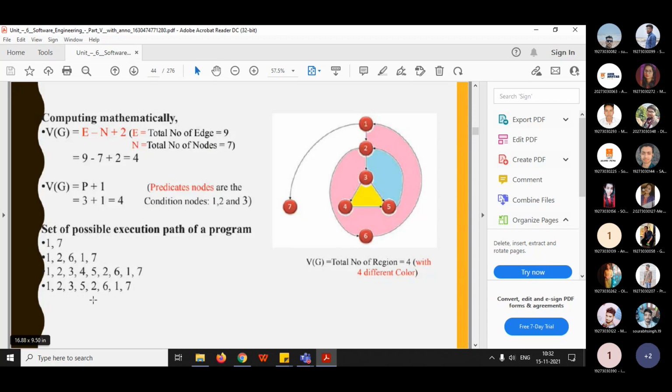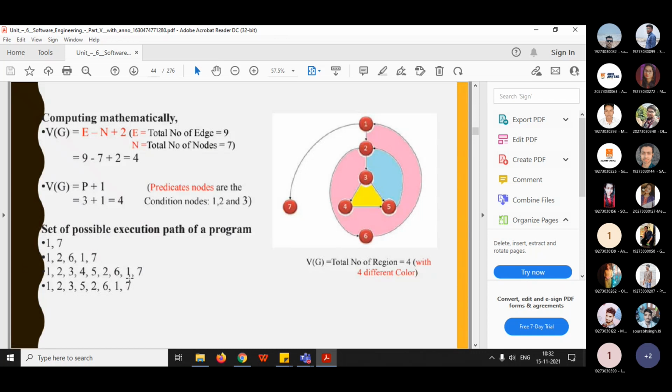Students, tell me which one is the largest path. By viewing this you can understand which one is the largest path.